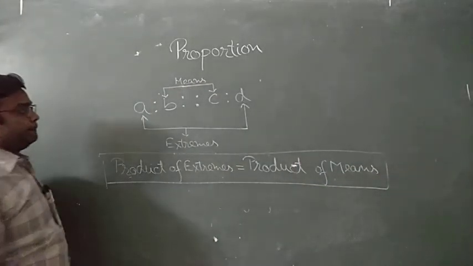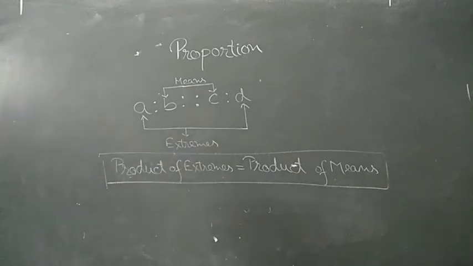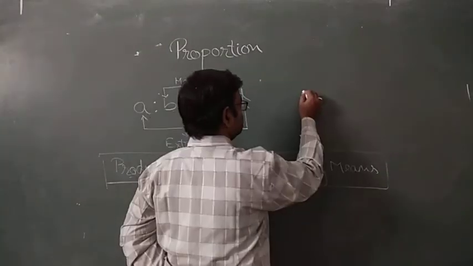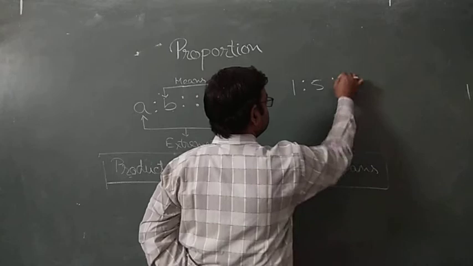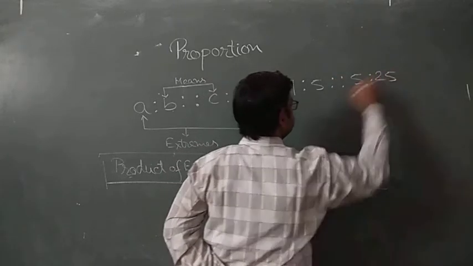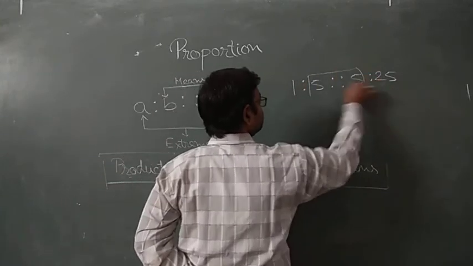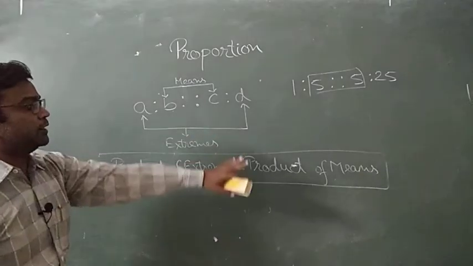Clear? Suppose a condition comes in which the means are the same. Suppose we say 1 ratio 5 proportion to 5 ratio 25. Here we observe that the means are the same, so this formula is also true for that condition.